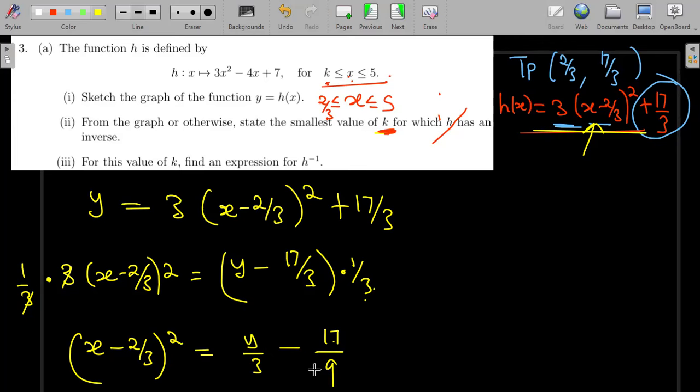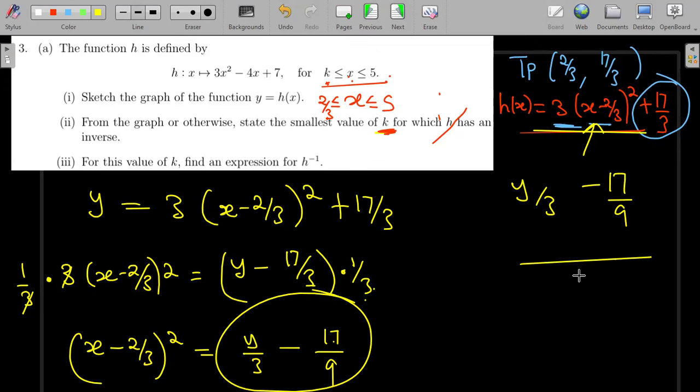And then I can actually combine this part. So it would be y over 3 minus 17 over 9. With 9 as the common denominator, 3 into 9 gives 3y, and then minus 17.